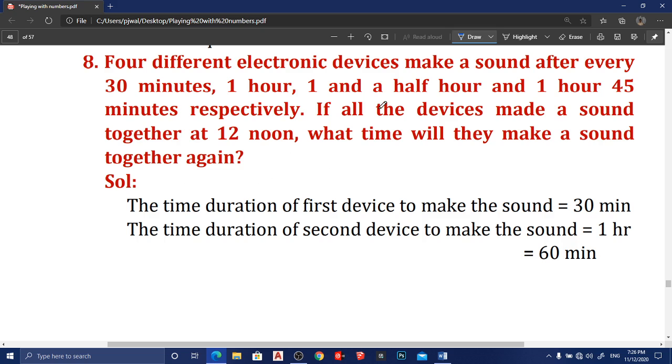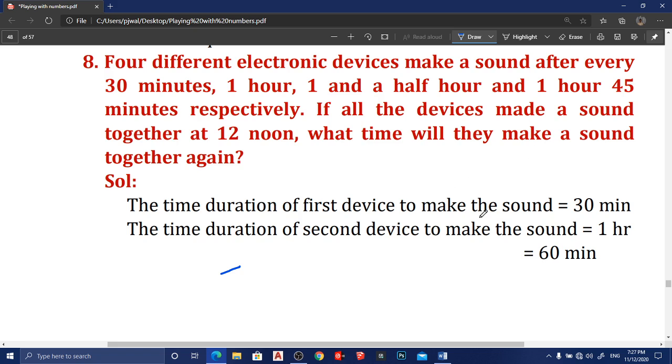For this type of problem, you have to take the least common multiple of all the timings. Before finding the LCM of all the timings, first convert them all into minutes, because here hours and minutes are different measurements.